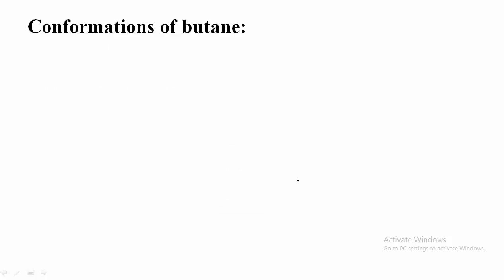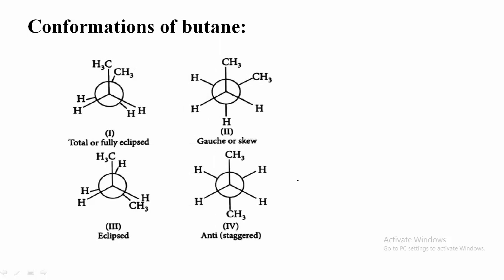The next, conformations of butane. What are the conformations of butane? We will see. So here you can see four different conformations. One is total or fully eclipsed. That means theta is equal to 0 degree almost. And here gauche or skew. Here theta is equal to 60 degree. And eclipsed.